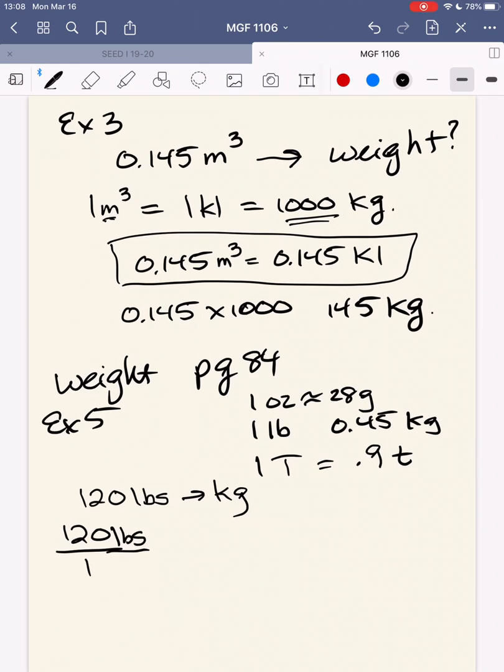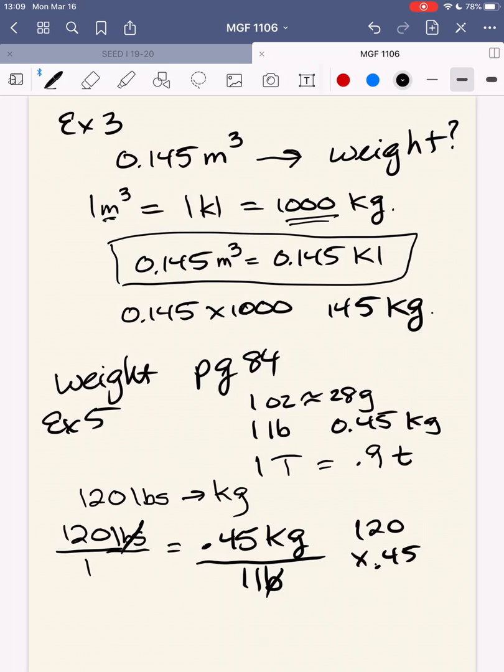And the conversion for kilograms for pounds is 0.45 kilograms to 1 pound. The pounds cancel, and so I have 120 multiplied by 0.45. Sorry, I'm running out of space here. And that equals 254 kilograms.